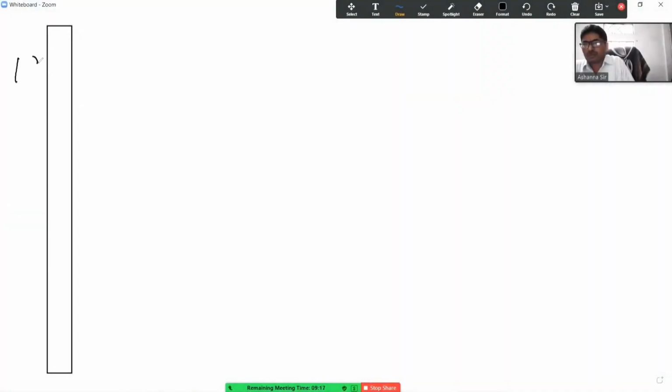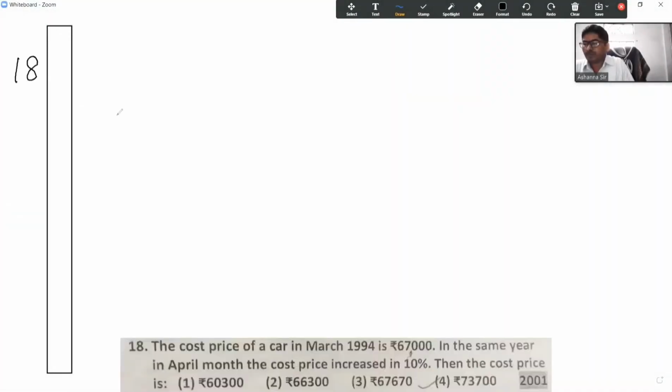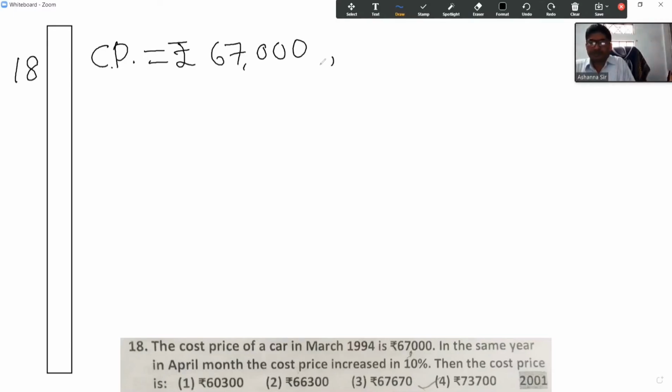This is question number 18. Cost price of a car, rupees 67,000. Here 10 percentage increasing. Increase percentage is equal to 10 percentage.